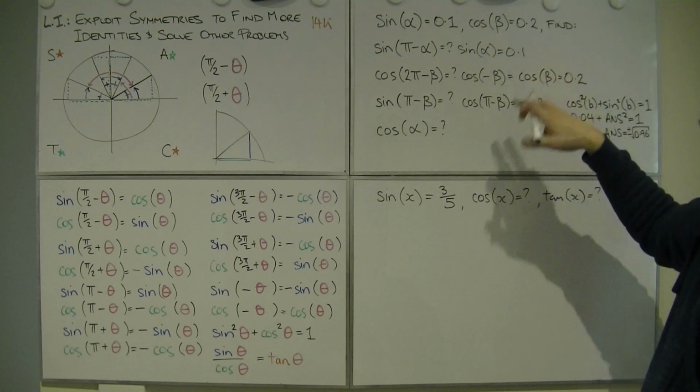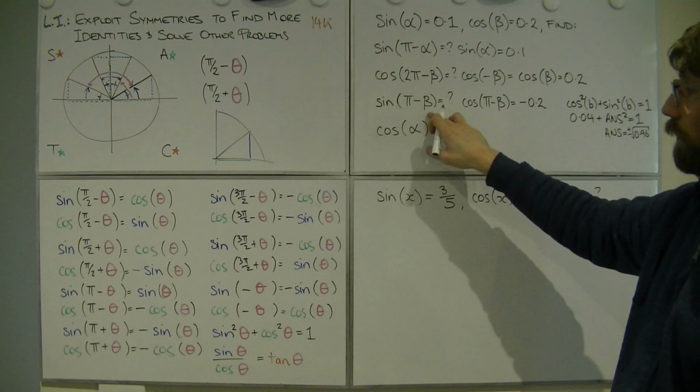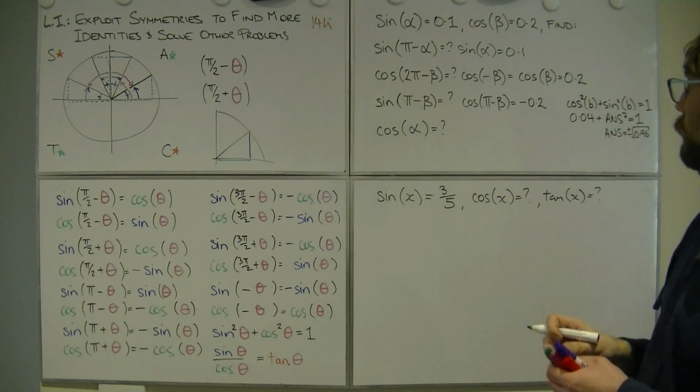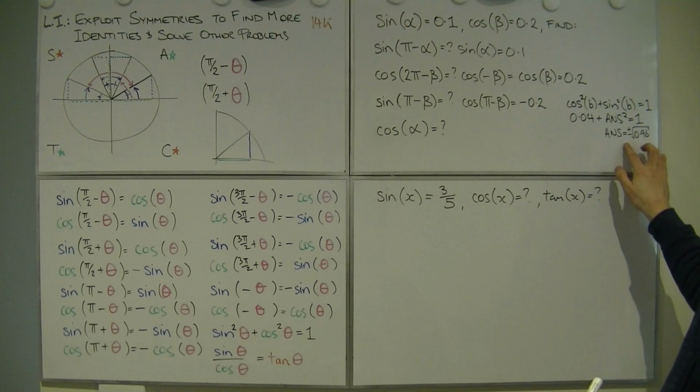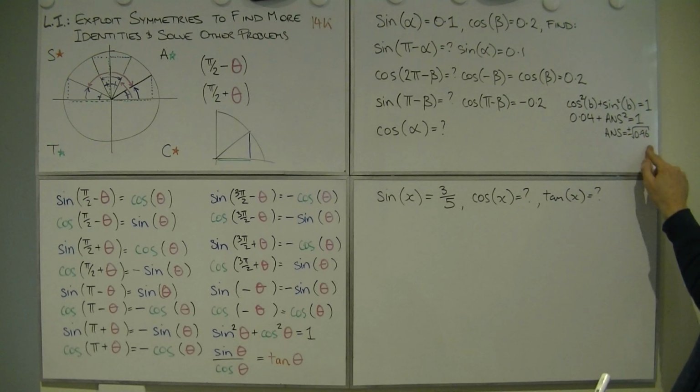I don't know necessarily what quadrant it's in, since I don't have any boundary on beta. So that's all I've got: positive or negative root 0.96.